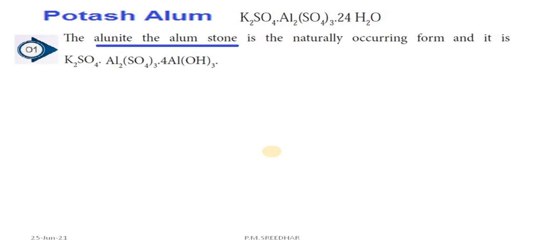Next, potash alum: K2SO4.Al2(SO4)3.24H2O. Point number 1. The alunite, the alum stone, is a naturally occurring form and it has the formula K2SO4.Al2(SO4)3.4Al(OH)3.